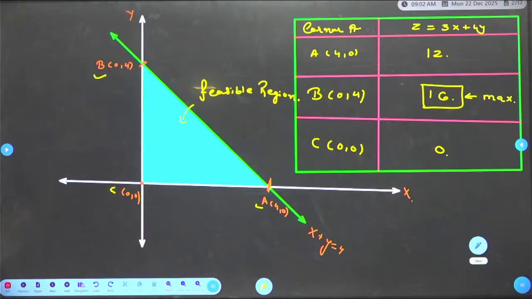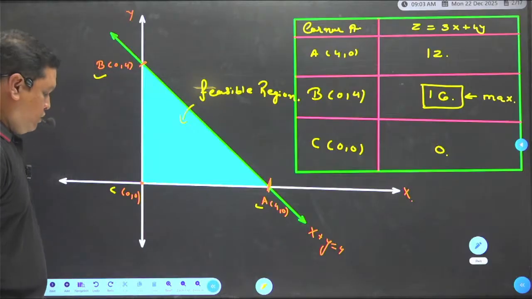Write down: at point 0, 4, the value is maximum, 16. Complete.